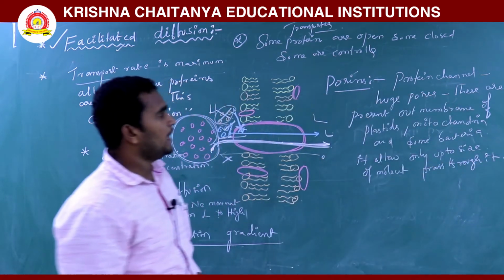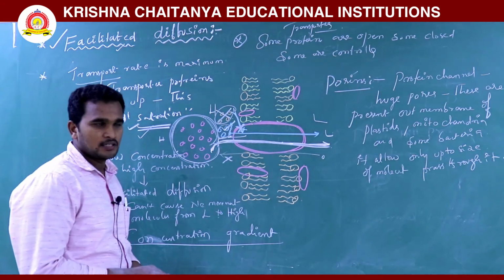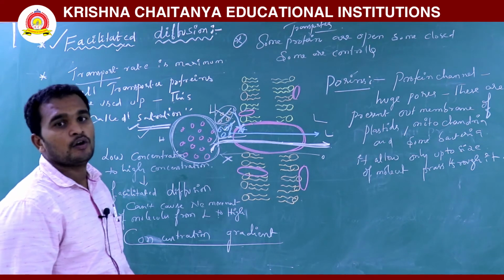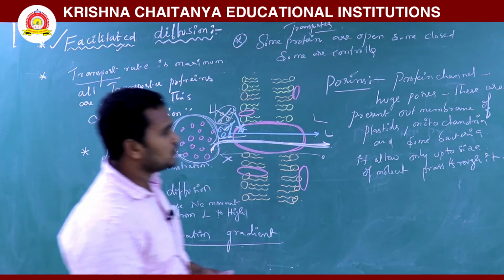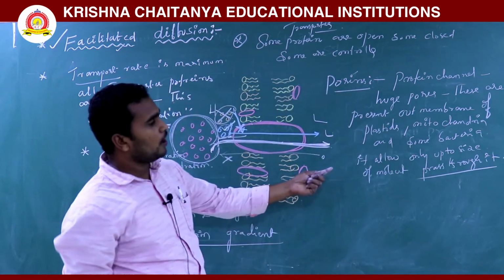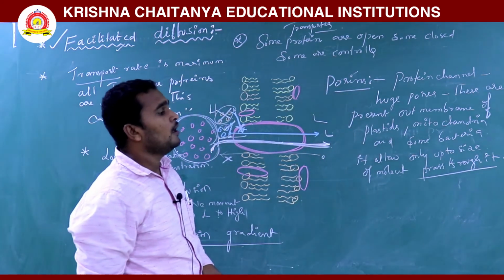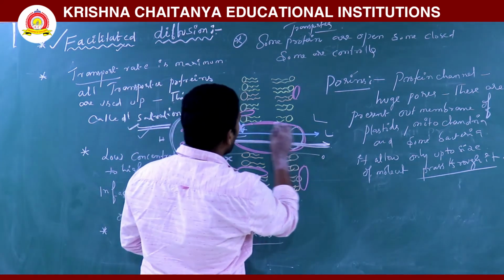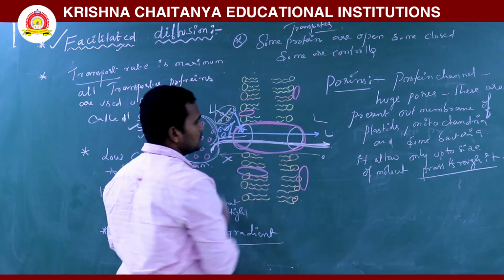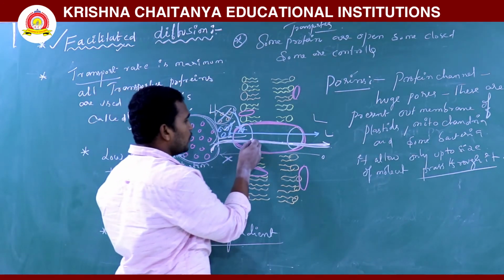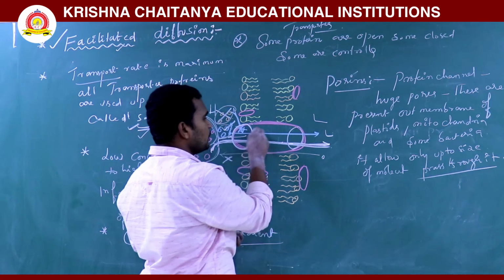So this is called porins. It allows only up to the size of small proteins to pass through it. Here these are the huge pores. This is called porins.